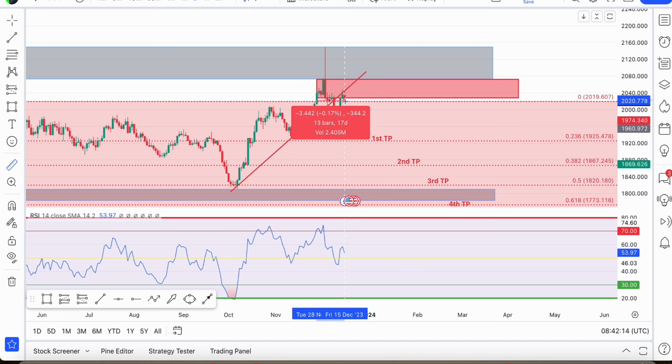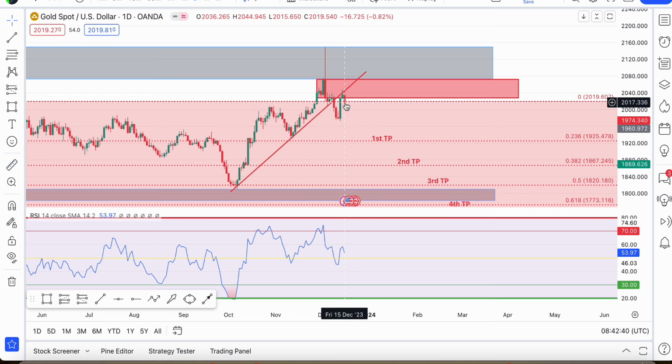So there are enough candles to tell that we've had enough trade within this, about 2.4 million trades in volume. So that's 17 days, but 13 trading days. We would say that yes, we have enough points for analysis to tell that this market is ready to move in the other direction.